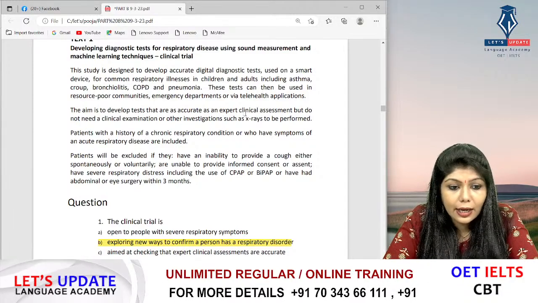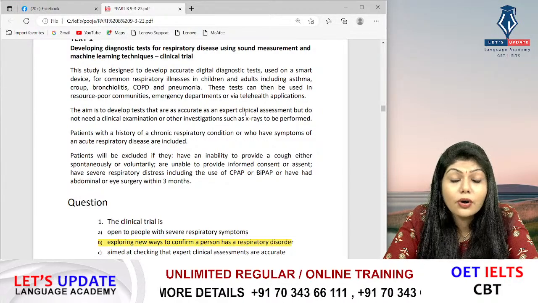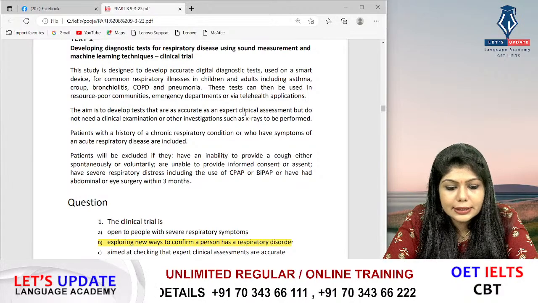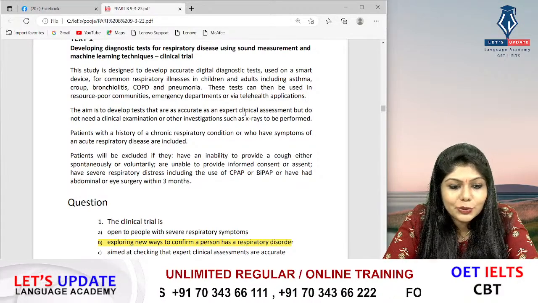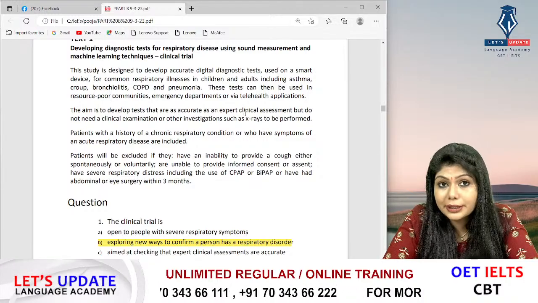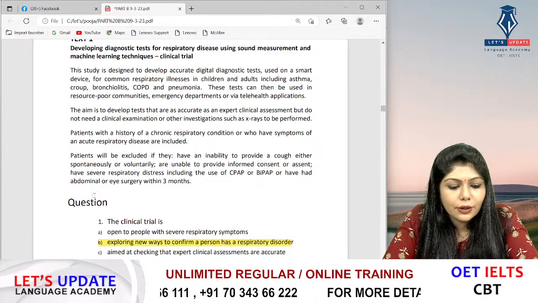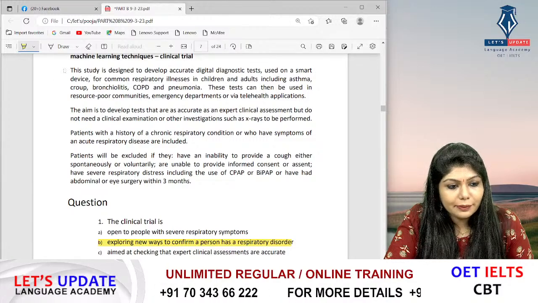And what is that for? That is used on a smart device for common respiratory illnesses in children and adults. So that is why they are developing this digital diagnostic test, for respiratory illness in children and adults. That is why the correct answer is option B.